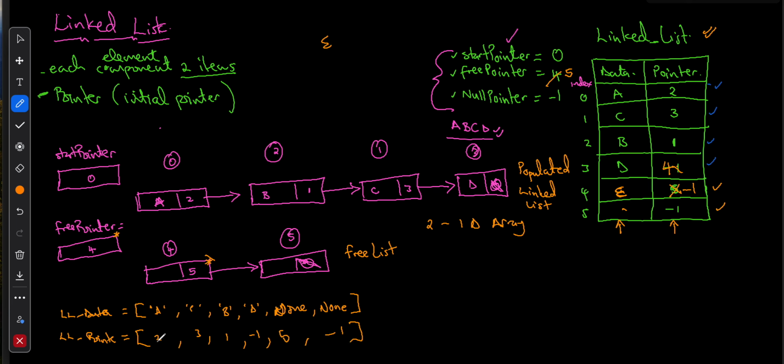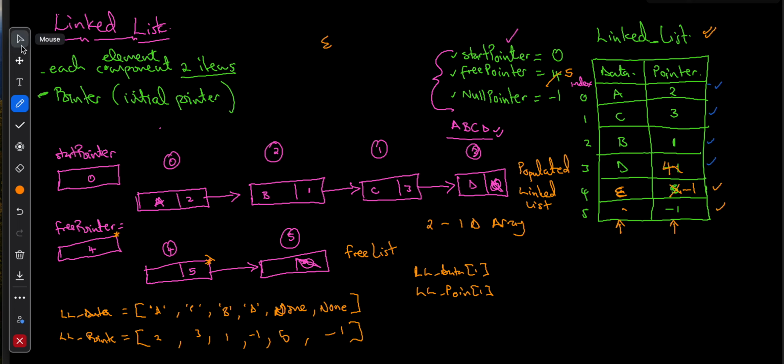So the pointers correspond to the data element. So if I say linked list data 1, it corresponds with the linked list pointer 1. That's basically how you can implement it using two 1D arrays.